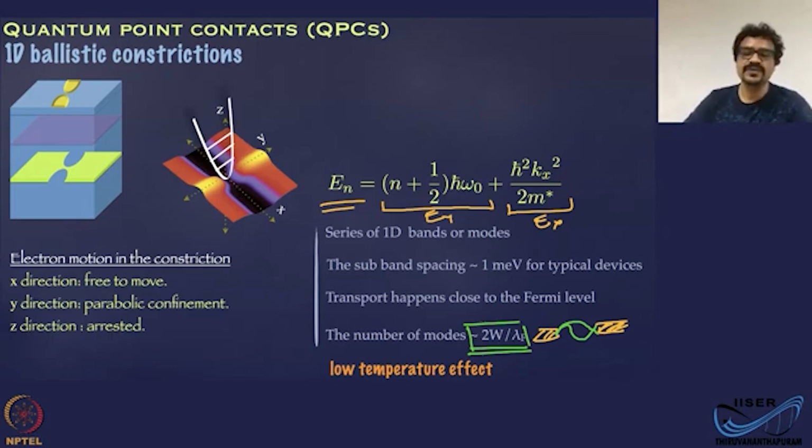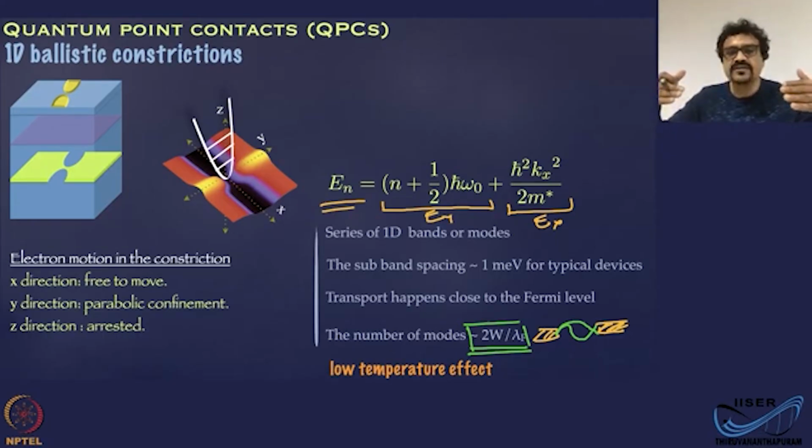Okay, to start with. But now you can change the width by varying the voltages on these gates. So when you make the gate voltage more negative, the electric field will creep more into the channel and eventually it will close the channel also.